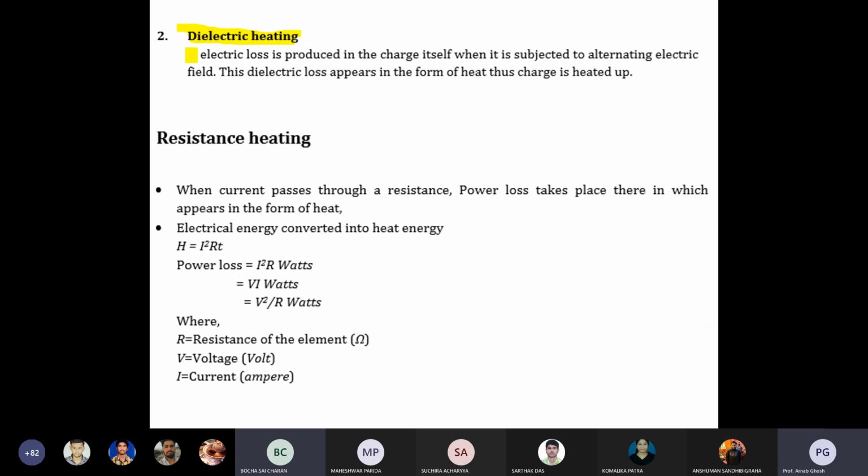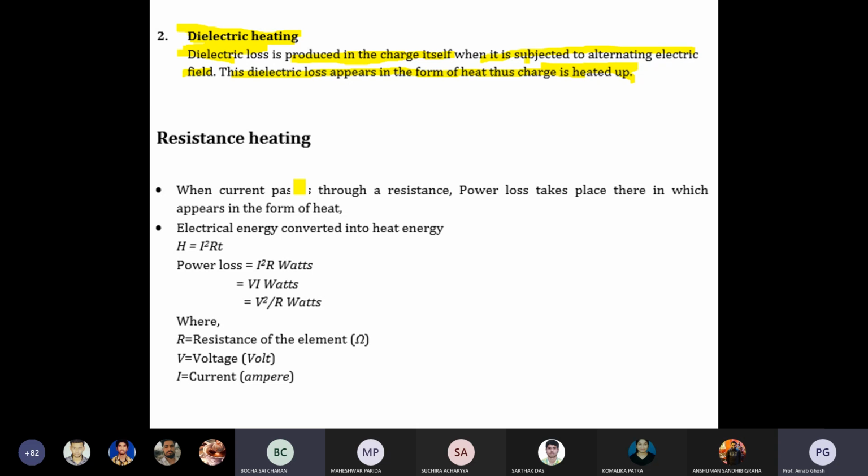Dielectric loss is produced in the charge itself when it is subject to alternating electric fields. The dielectric loss appears in the form of heat, thus the charge is heated up. So you are heating the charge by the dielectric method, means high voltage appears across that medium.